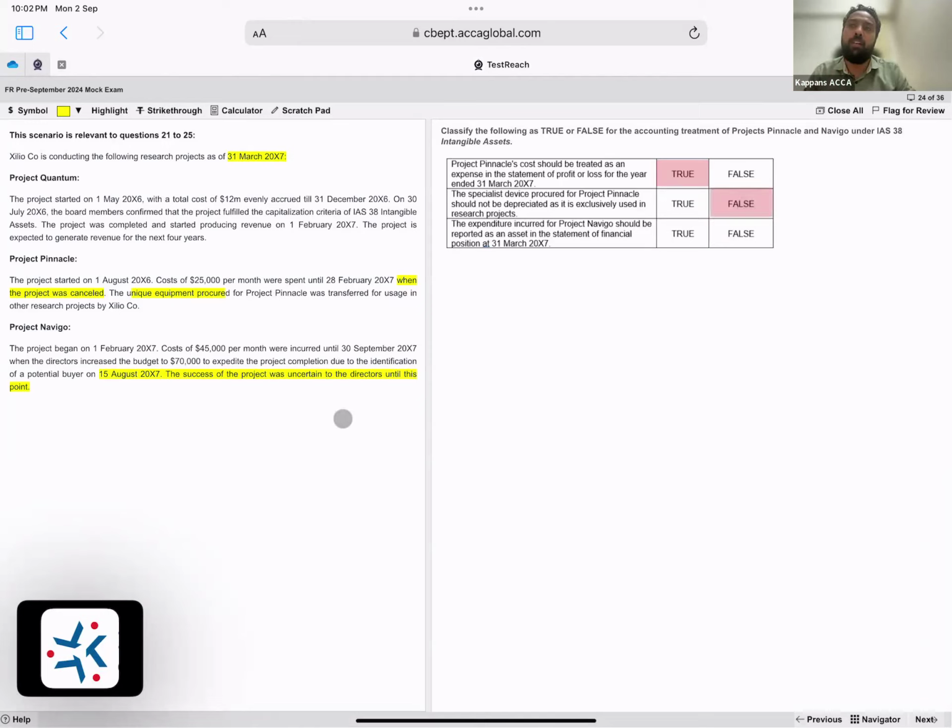Next, the expenditure incurred for Project Navigo should be reported as an asset in statement of financial position at 31st March X7. That is wrong. As on 31st March X7, it was completely uncertain whether the project would be successful. So it should be written off to P&L. It cannot be capitalized. So the statement that it can be capitalized as an asset is wrong. It's false.